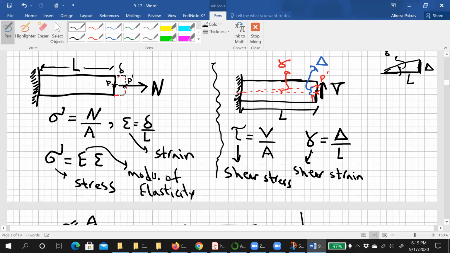Also, we have some relation here. Let me write with the other color. We have tau, the stress, equals something times the strain, and that is called the modulus of rigidity.